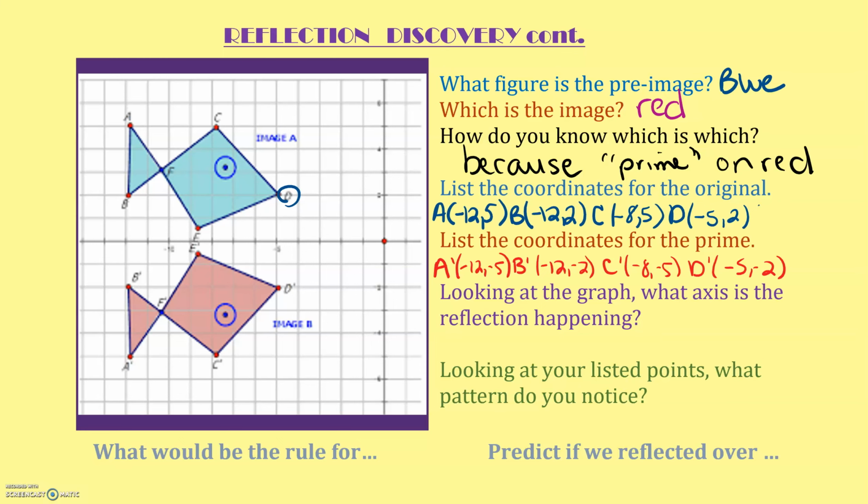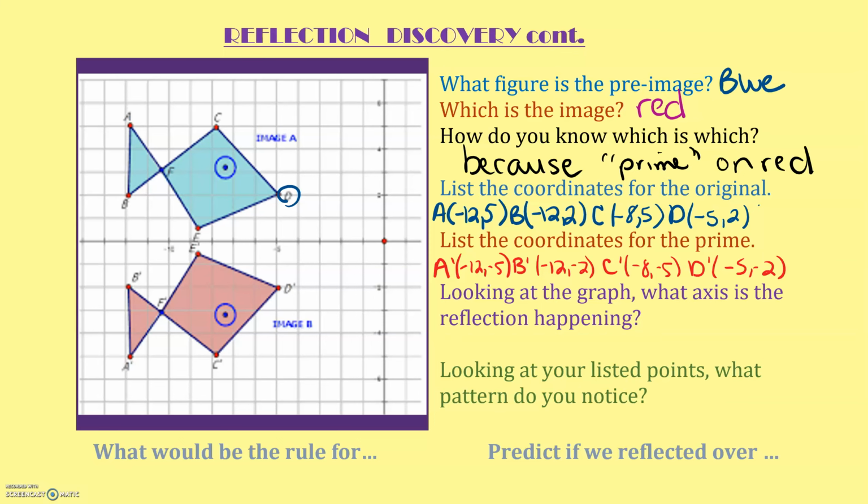All right, so hopefully you have the same coordinate points that I have for A through D. Now E and F are a little different because those are going to be more fractional. And so if you wrote fractions for that, that's totally fine. I went ahead and just left them off in my labeling because A through D gives us enough for the rules. So when you're looking at this graph, I want you to think about what axis, what actual main dark line, is this reflection happening over.